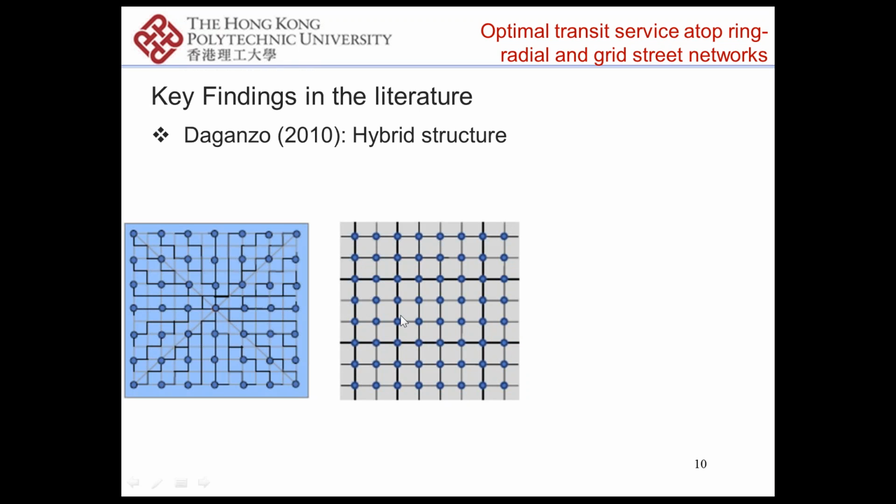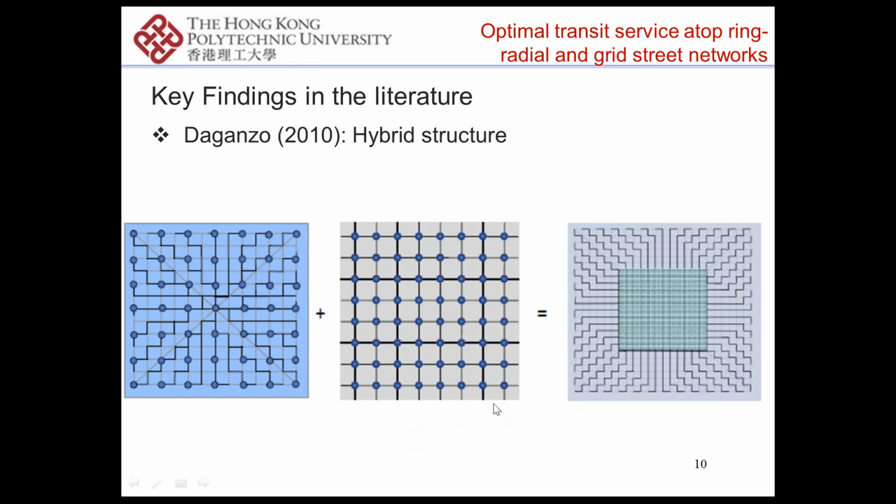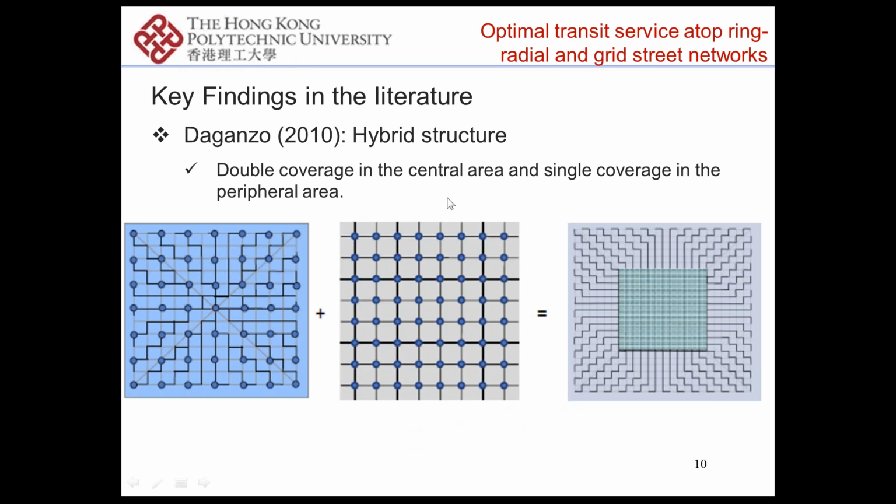So Gonzo's main contribution is that these two structures can be combined to a hybrid structure, which provides the so-called double coverage in the central area with perpendicular lines, with orthogonal lines, and a single coverage, which basically means the radial lines in the periphery area. So here, he introduced a new decision variable, which is alpha.